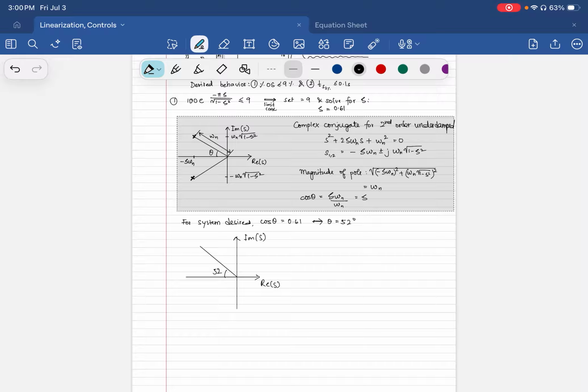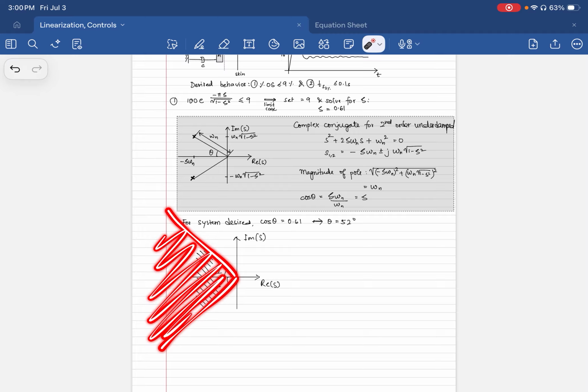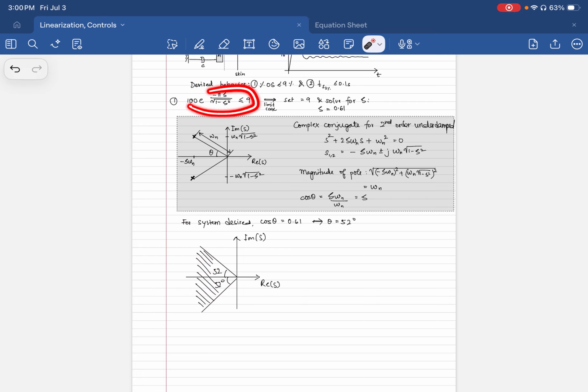Of course, we have the mirror image because always complex conjugate. So we have another one here of 52 degrees. And then here is the region that is defined. This thing extends to infinity, and this entire region satisfies the first performance criterion, which is that cos theta is equal to zeta as a limit case, and everything less than or equal to that is covered in this region.